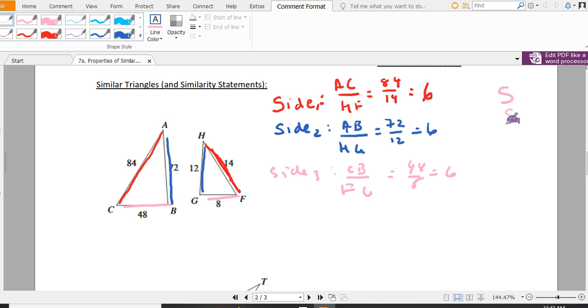If the ratios of the three sides are the same, the two triangles are similar.